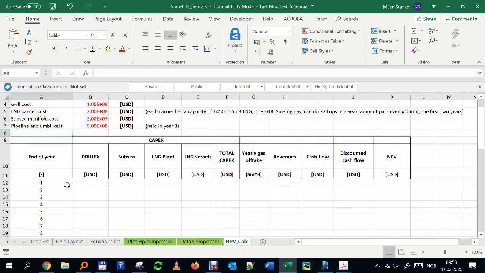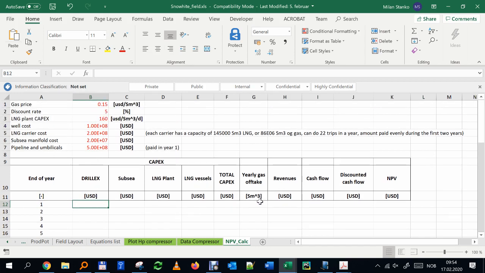Okay, so we have end of year. We start with end of year 1. We put all the cost. What I call usually CAPEX is capital expenditures, and it includes DRILLEX, subsea, LNG, plant, vessel. Okay, in our case, this field Snøhvit needs LNG vessels to take it to the customers, and it's something that is owned by the plant.